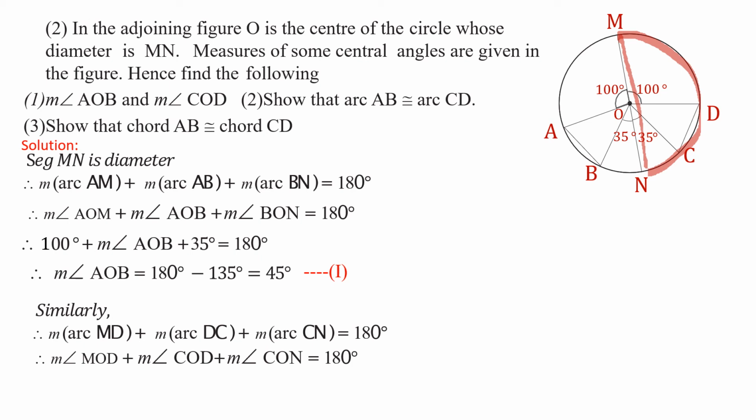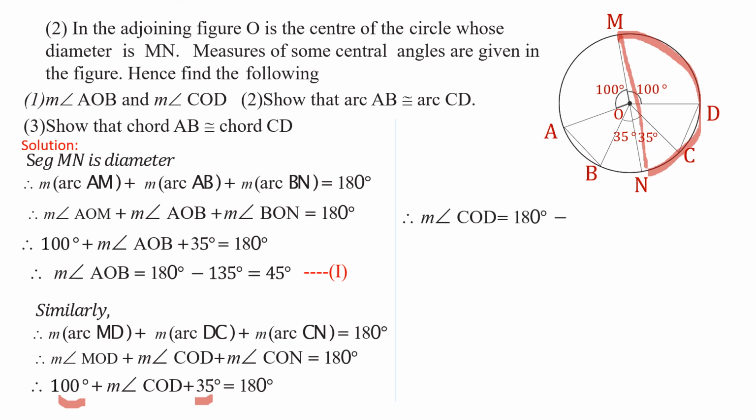Now substitute the values. 100 plus angle COD plus 35 is equal to 180 degrees. Now 100 plus 35, 135 we bring to the right hand side.